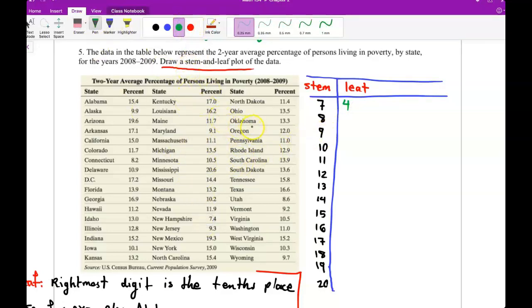Then we have 8. We have 8.2 and 8.6, so we have 2. Now writing the rightmost digits as 2, and here is 6.